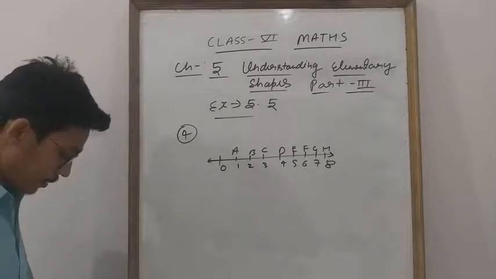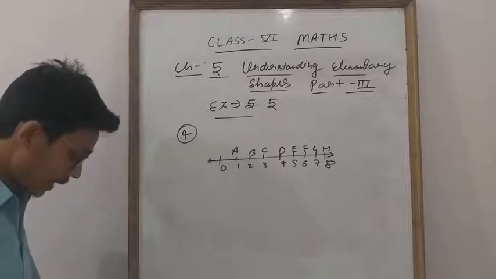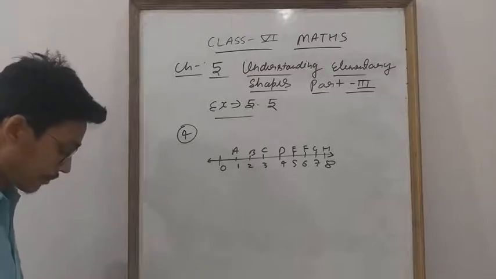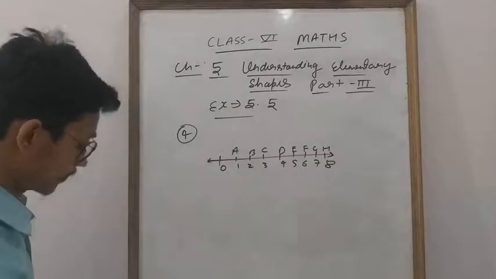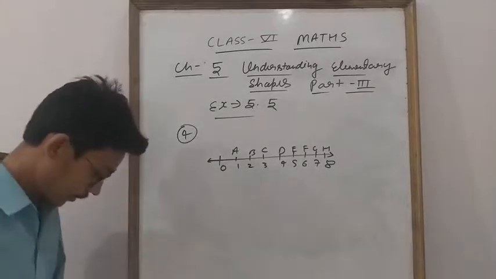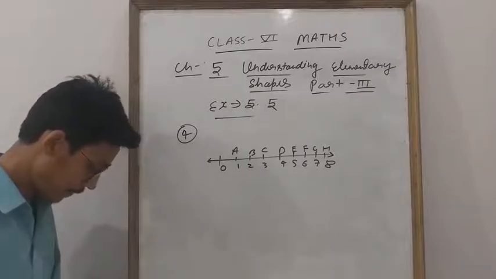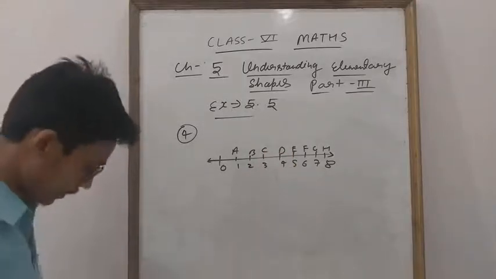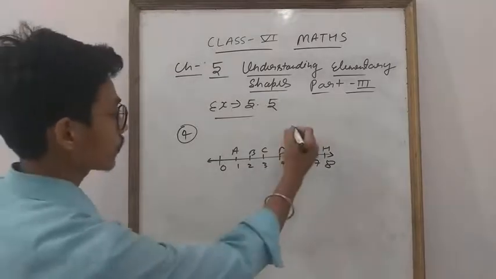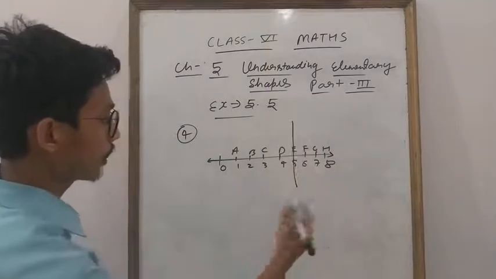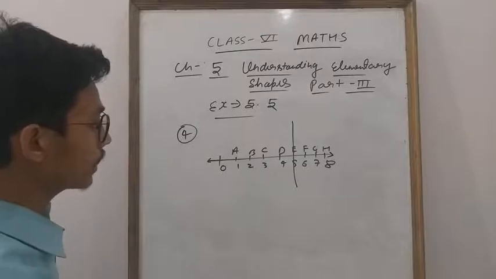Now it is given, again one more thing: the line L is perpendicular to line M. Line L is perpendicular to line M. See, the line L is perpendicular to line M. Now one line is given like this. Okay, line L is perpendicular to the line.